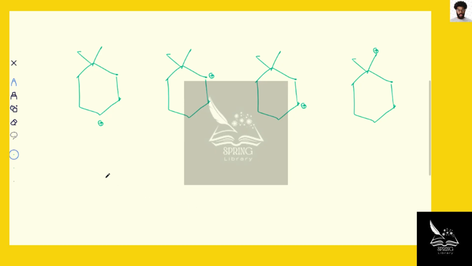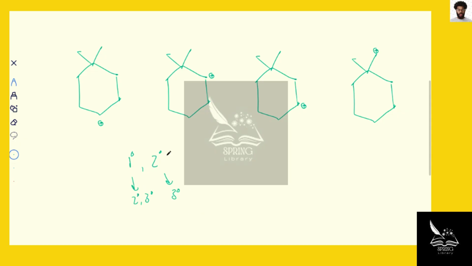So what do we need to do for a carbocation to rearrange? Okay, we're going to need our carbocation to be primary or secondary, right? Because the goal is for either primary to become secondary or tertiary, or for secondary to become tertiary, right?